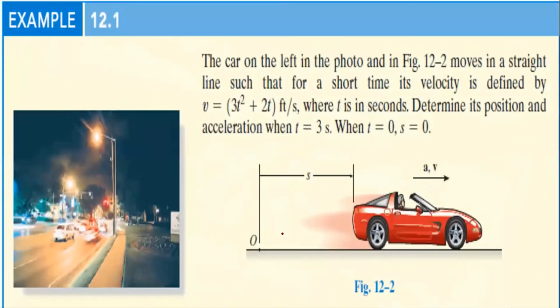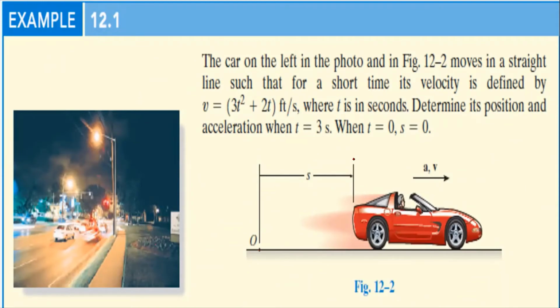So I'm moving towards the next slide, and this is the numerical. You can see here the car on the left in the photo moves in a straight line such that for a short time its velocity is defined by v equals 3t square plus 2t feet per second, where t is in seconds. Determine its position and acceleration when t equals 3 seconds, when t equals 0 and s equals 0. So what is happening over here? A car is moving from point O, the origin, up till here.